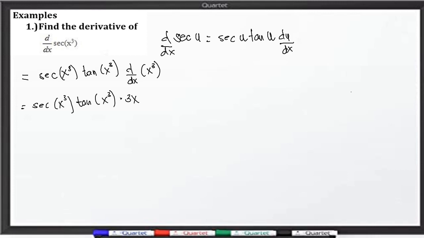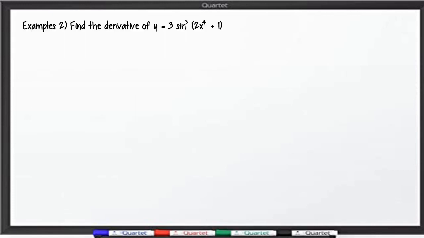Therefore, the derivative of secant x cubed will be 3x squared times secant x cubed times tangent x cubed. So this will be the derivative.